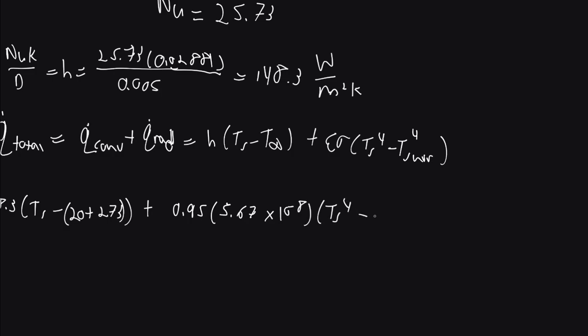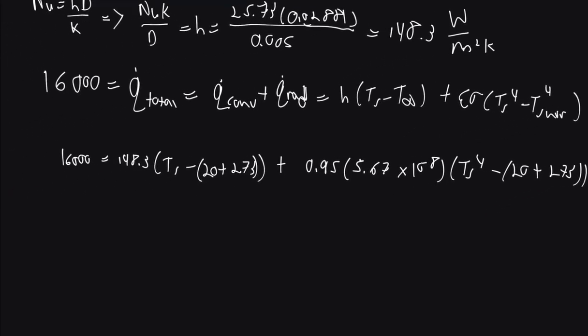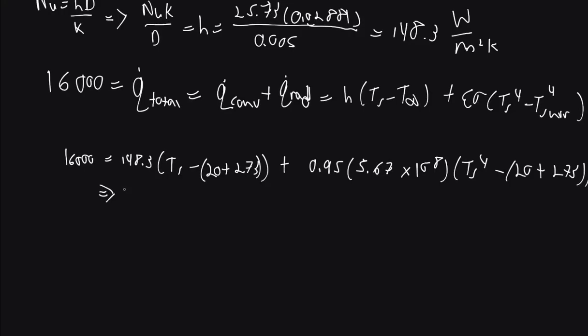Then Ts to the fourth, which we don't know, minus T surrounding, which is the same thing as T infinity in this case, so that's 20 plus 273. We type all this into our calculator. Ts is equal to 395 Kelvin. Subtract 273 from this, and that's 122 degrees Celsius. Boom.